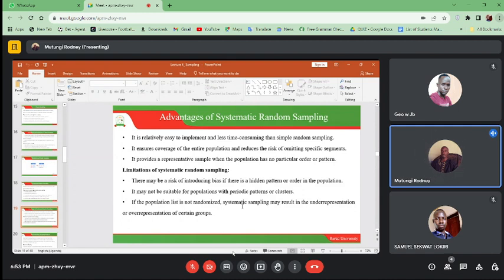Yeah, because here, remember, you are selecting people systematically. So imagine if the list has some people in one region of that list, like from 90 to 100, that's where the people with disabilities are.